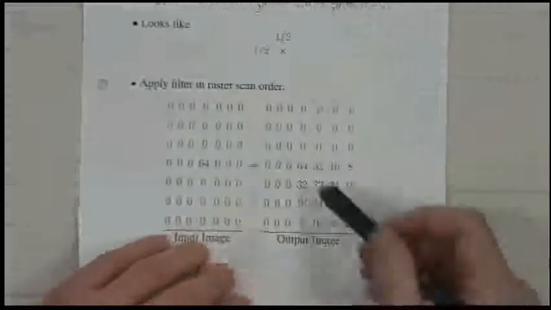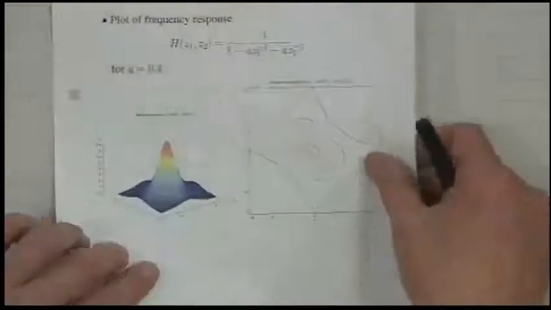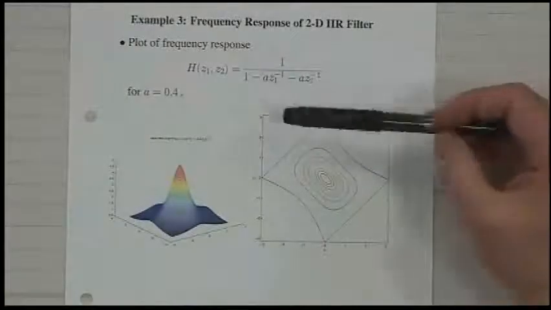Here's a particular example, and you can see the impulse response is long. Now the impulse response in 2D, and this is an important point, is parameterized by this filter.